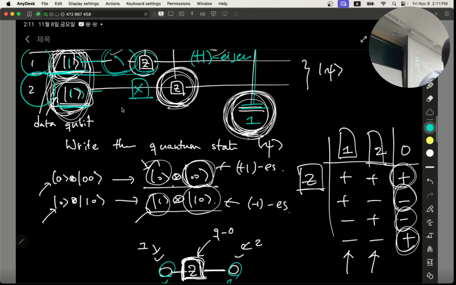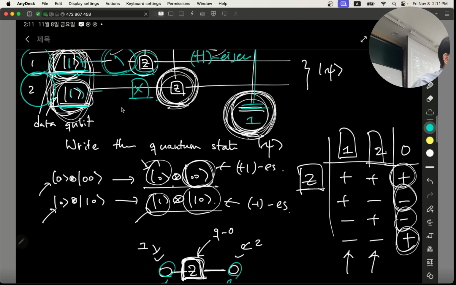Then you might assume that no error occurred, but as I said, there actually were 2 errors that occurred at the 2 data qubits. There's always that kind of limitation when you apply an error correction code: if you have too many errors, it ruins your algorithm for finding the error.